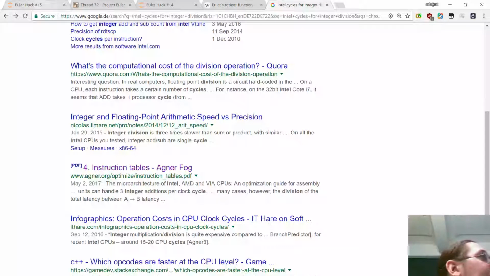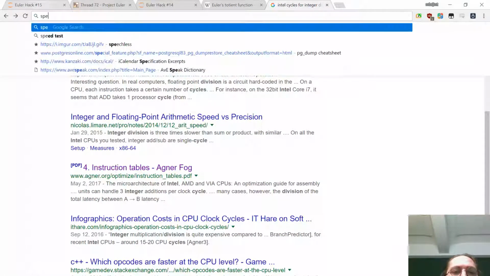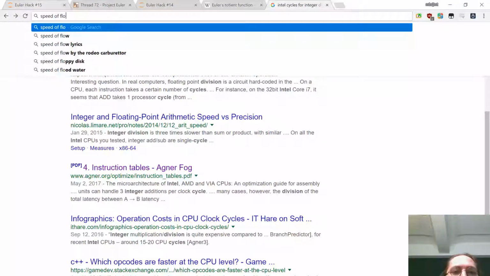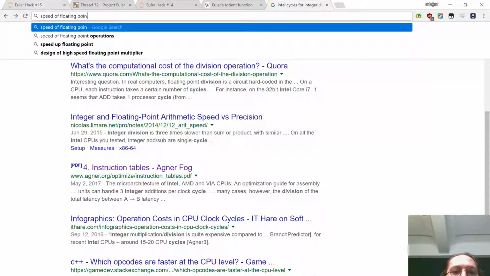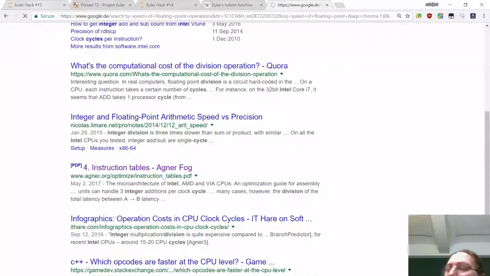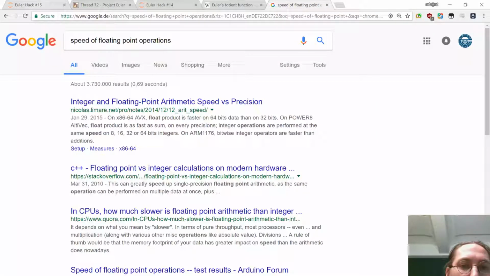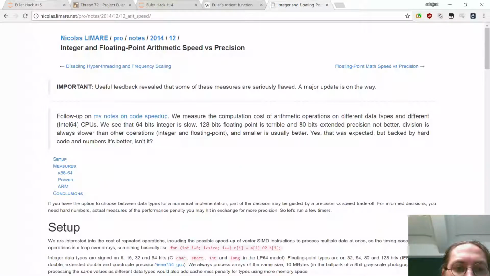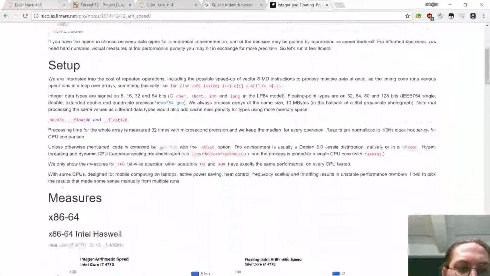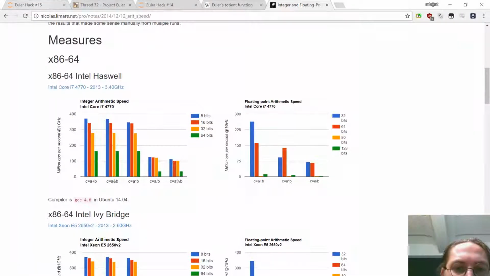Integer division is 3 times slower than sum or product. No. I did not know. I thought division was just as quick. I'm not sure about floating point. Is there any reason why division should be slower? Yeah, because division needs to shift or something, and also multiplication.